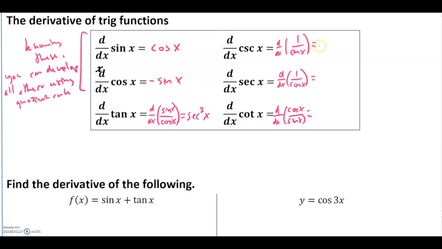The derivative of the cosecant function is negative cosecant of x times cotangent of x. The derivative of the secant function is secant of x times tangent of x. And the derivative of the cotangent function is negative cosecant squared of x. And what you need to know are just these. Lock those into memory, and you can deal with any functions that are written as trig functions.